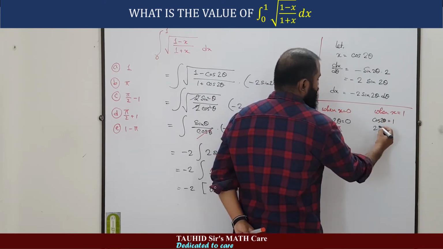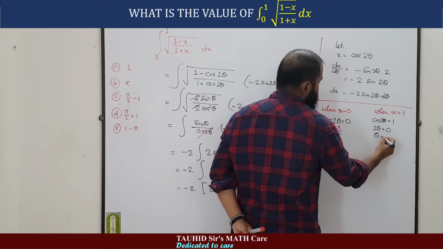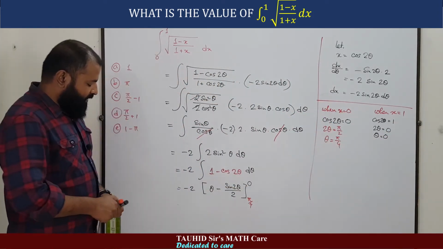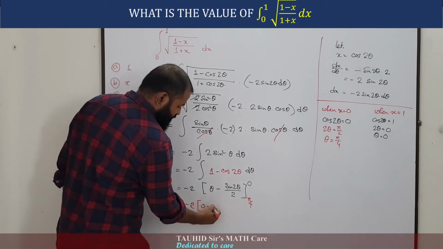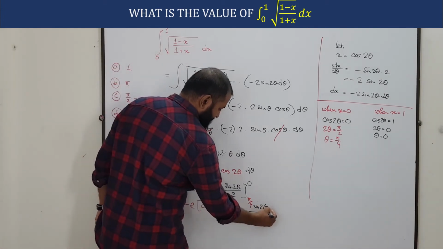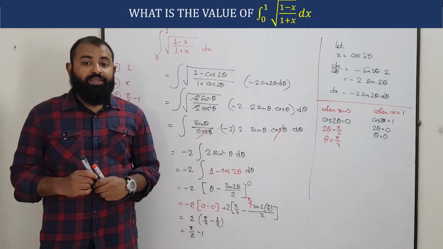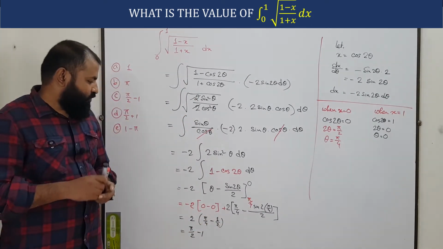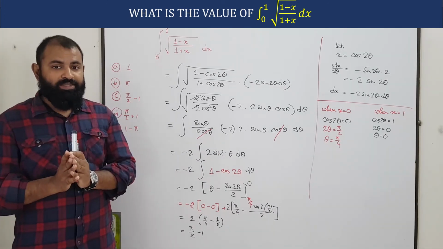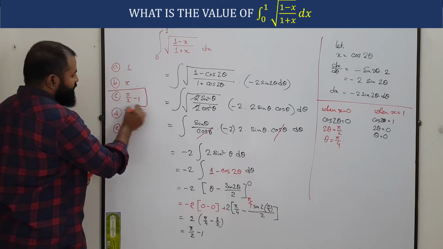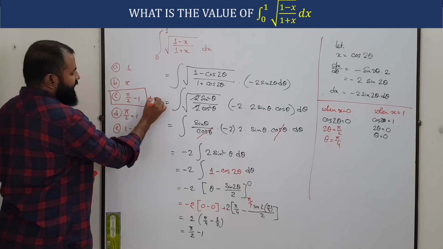That means 2 theta equals 0, theta equals 0. So, the upper limit will be 0. Now, putting the limits, what do we get? So, the final answer is pi by 2 minus 1. And can you see this in the options? Yes, you can see it in option C. This is our answer.